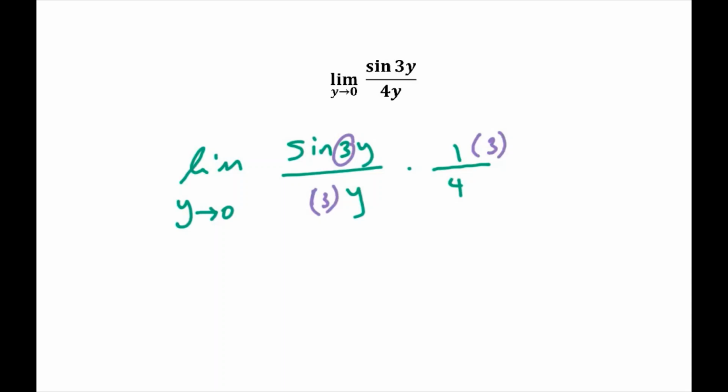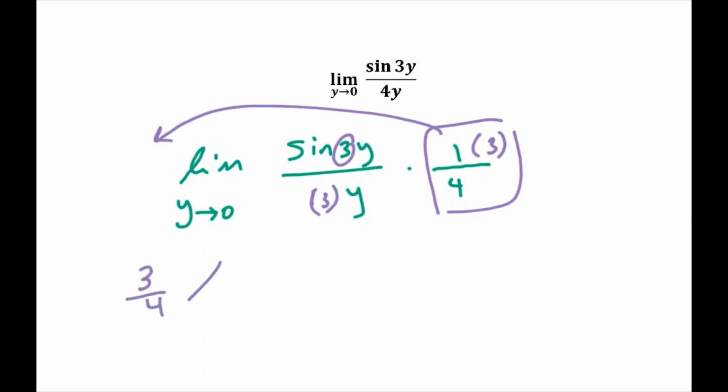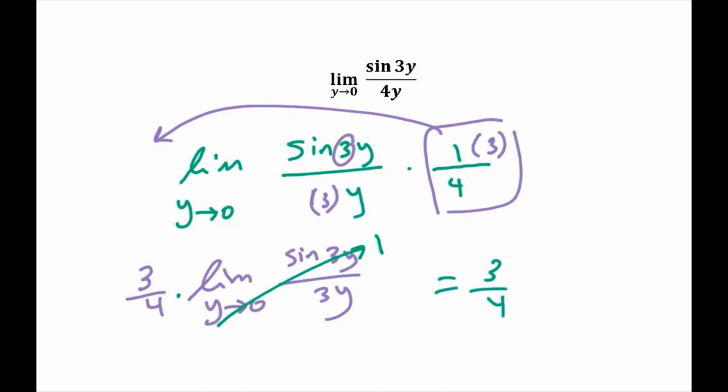So now I'm going to split this. This is a constant, so I can move it out. Based on the rule, this is 1, and 1 multiplied by 3/4 is 3/4.